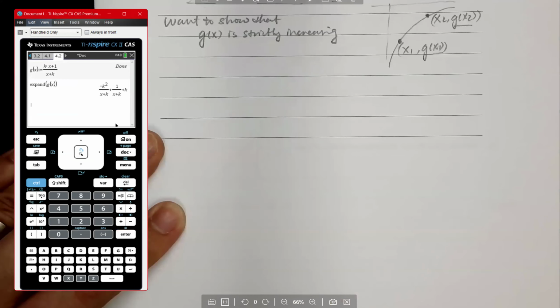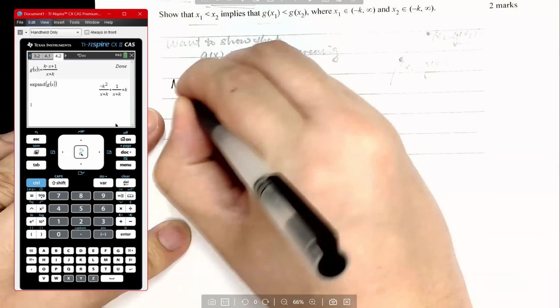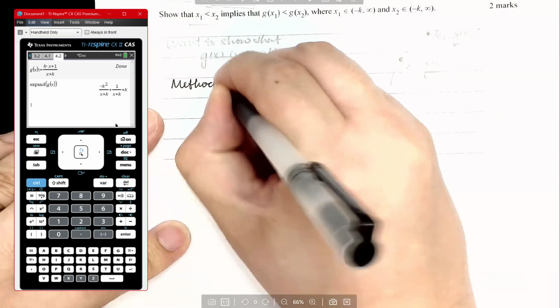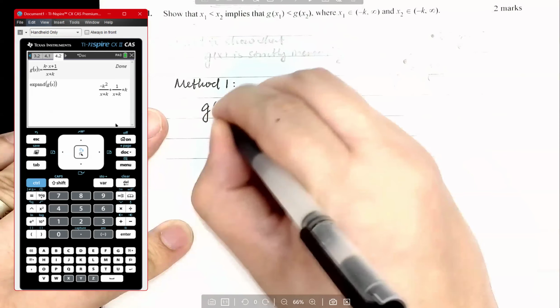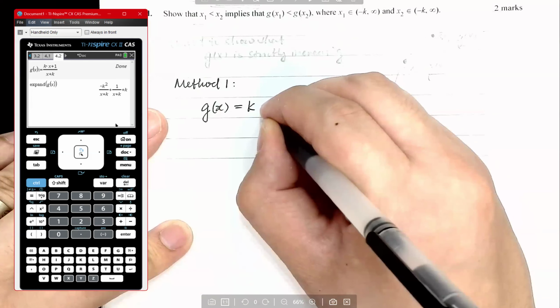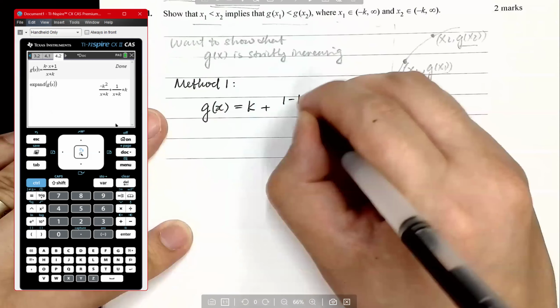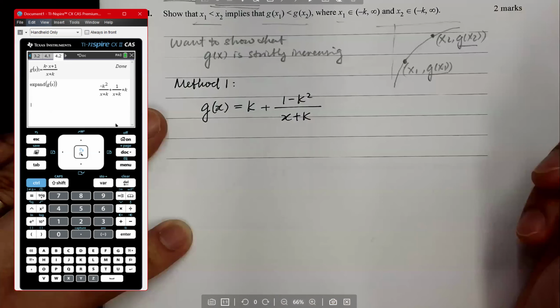For example, I may say, okay, method 1. g of x equals k plus (1 minus k squared) divided by (x plus k), okay?